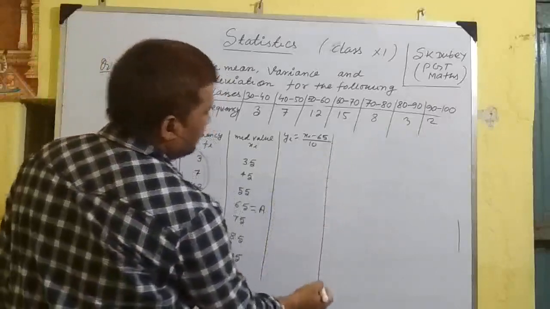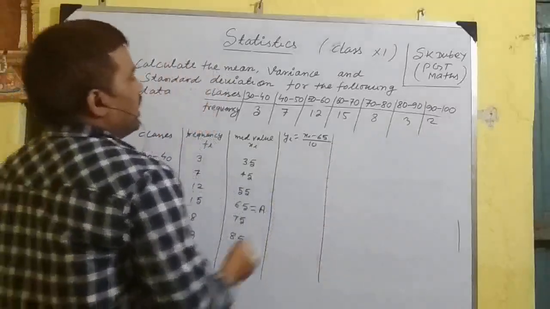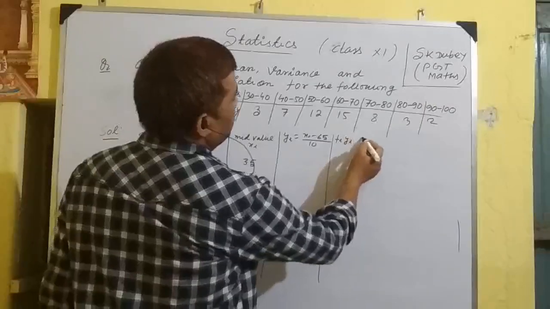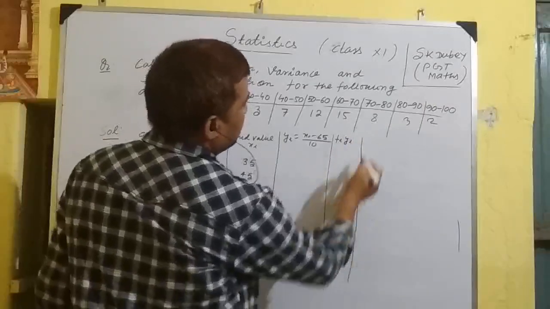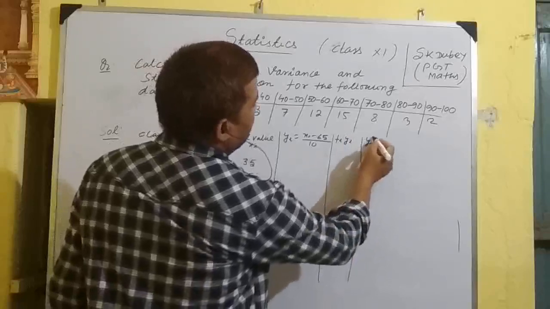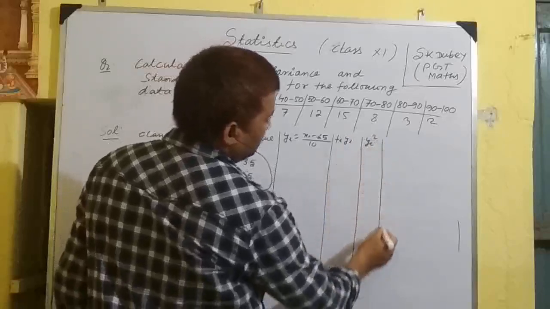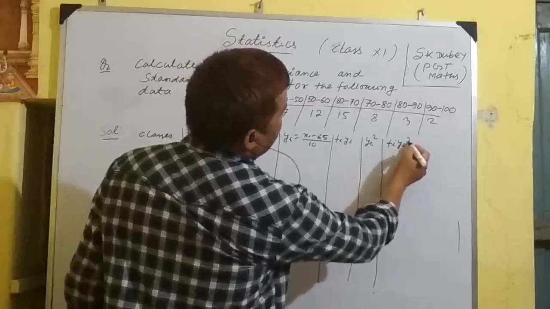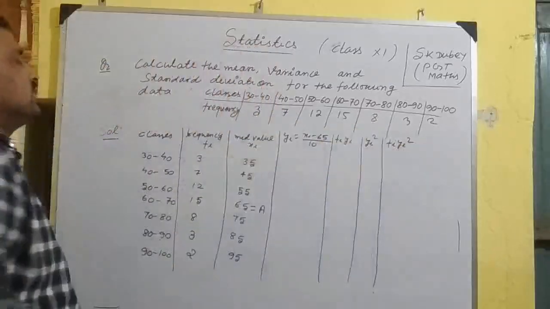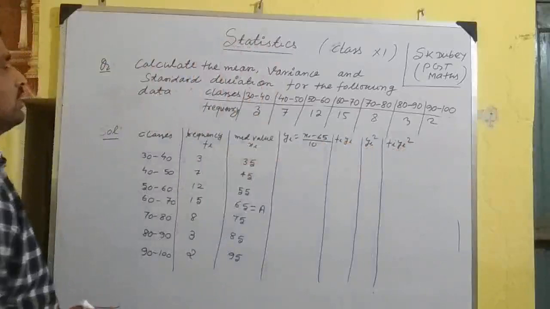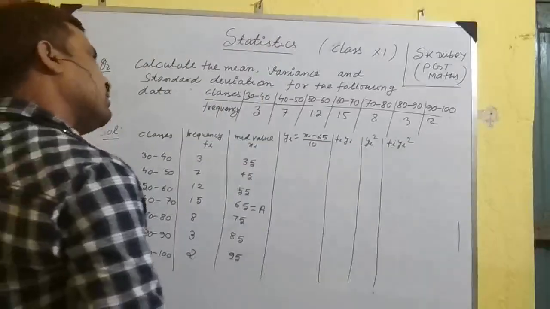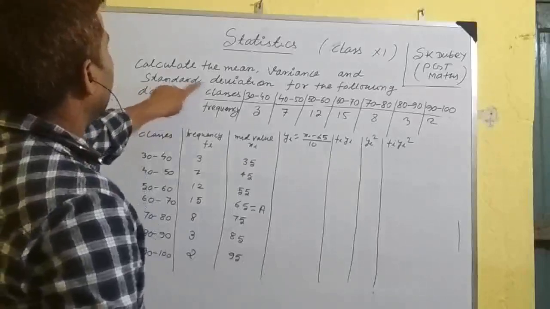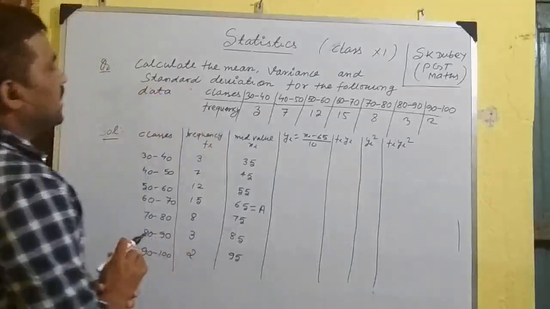Now we will find fi yi. Similarly, we will find yi square and fi yi square. These terms will be used in calculating the mean, standard deviation and variance.